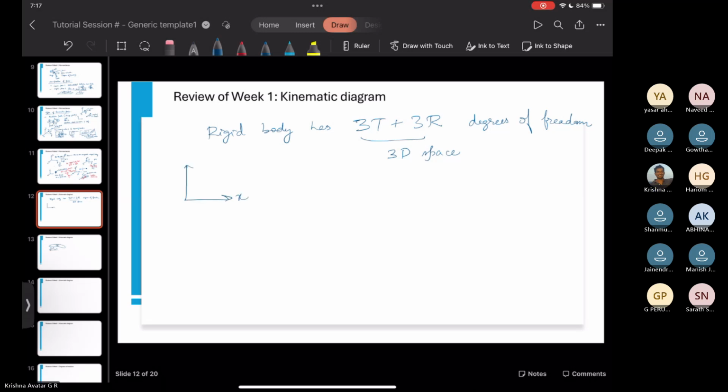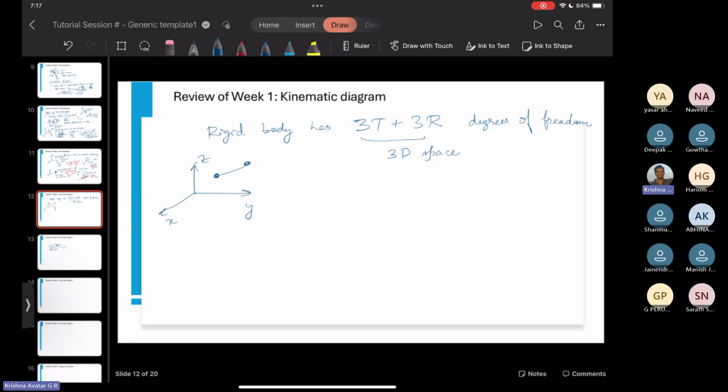We had some body in 3D space, or maybe we'll take the link itself, those two masses connected in x, y, z.